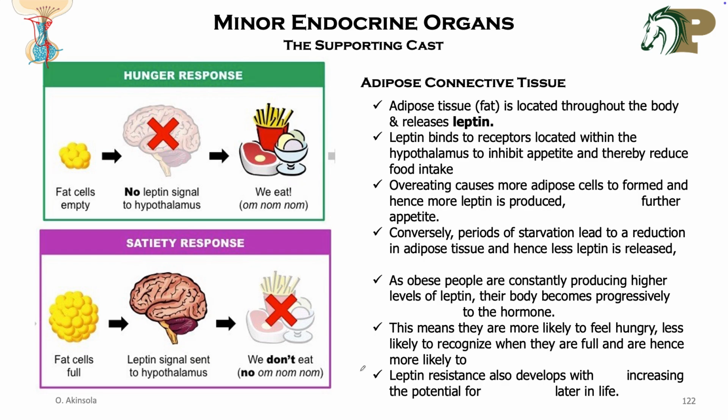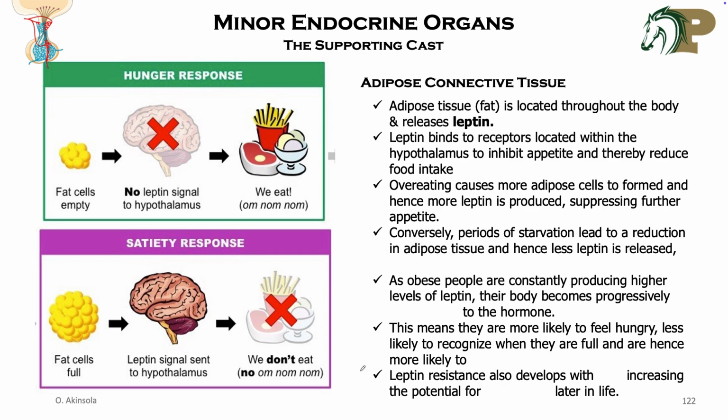Overeating will cause more adipose cells to be formed, and hence leptin is produced, suppressing further appetite. Okay? So if leptin is present, appetite will be essentially reduced.